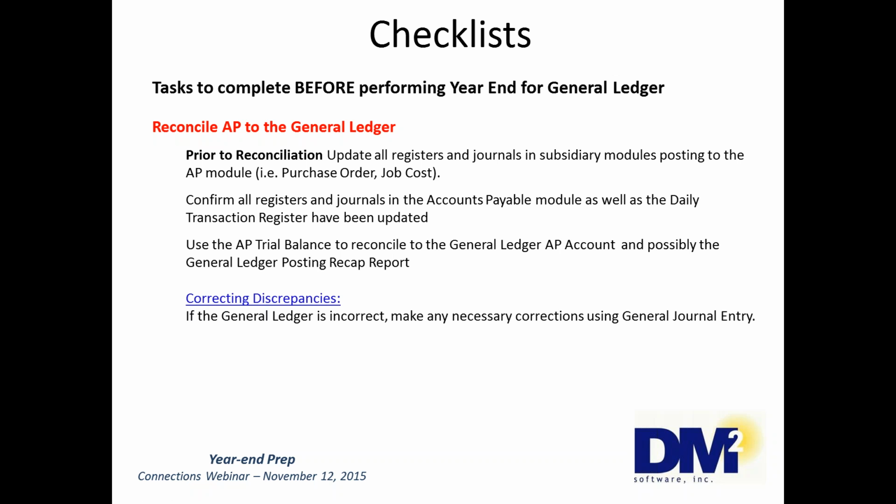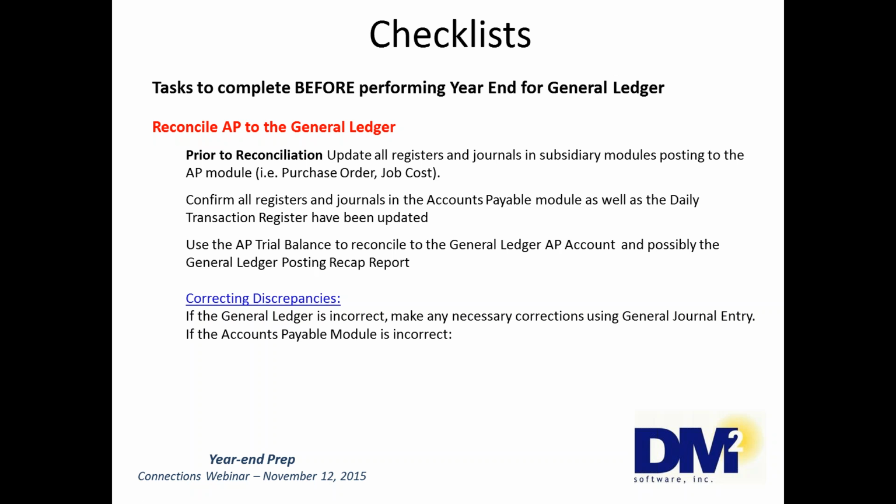Don't use AP or PO or any of those, because those are created by the actual module, and that is how it tests what ties to the GL control account. So just make sure that you're using your designated journal entry source journal.